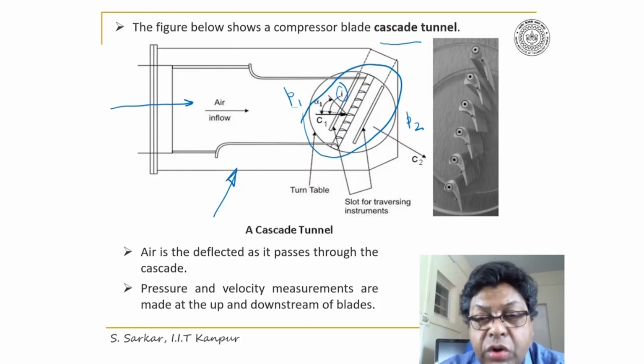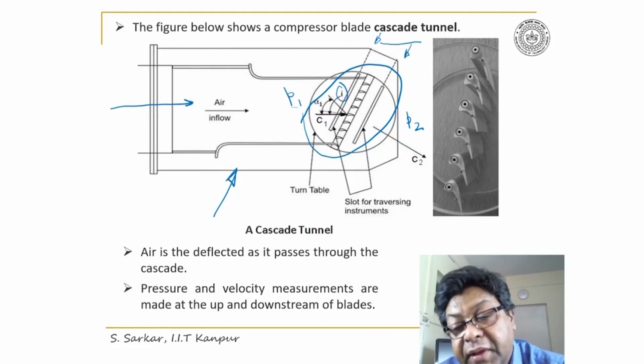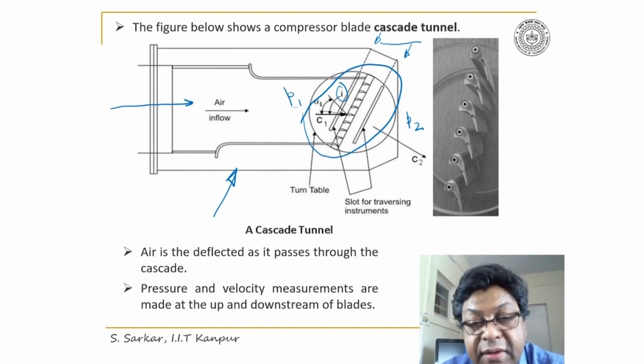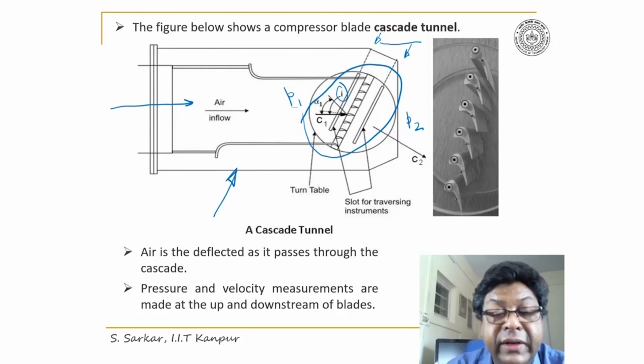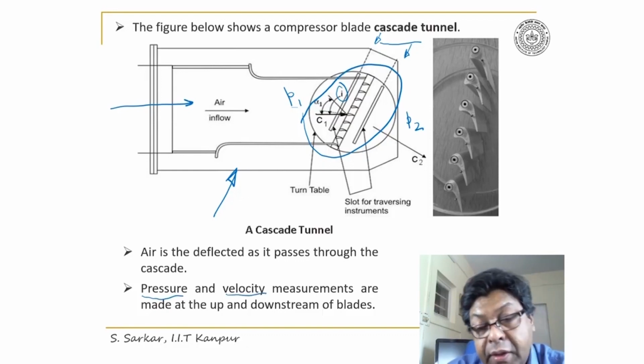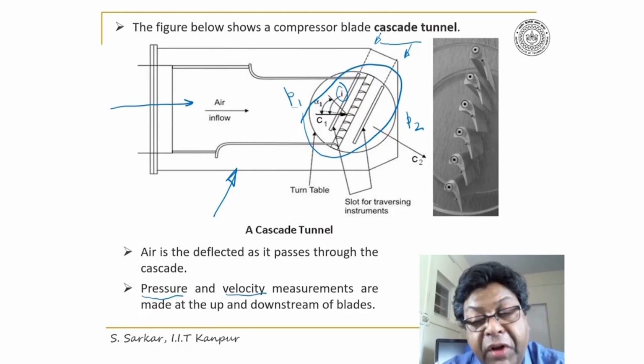That is why the slots are provided at upstream and downstream of the blade, and through these slots the probes are inserted to measure the pressure and the velocity. With respect to the velocity measurement, both the magnitude and angle would be measured.